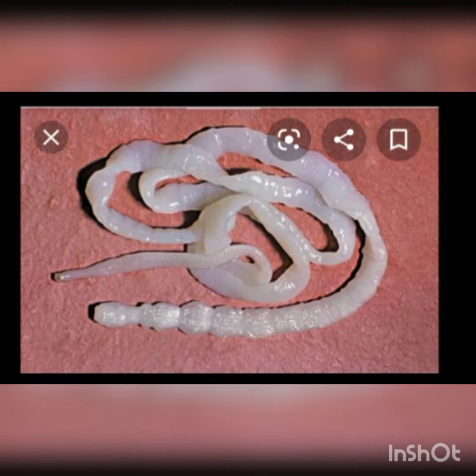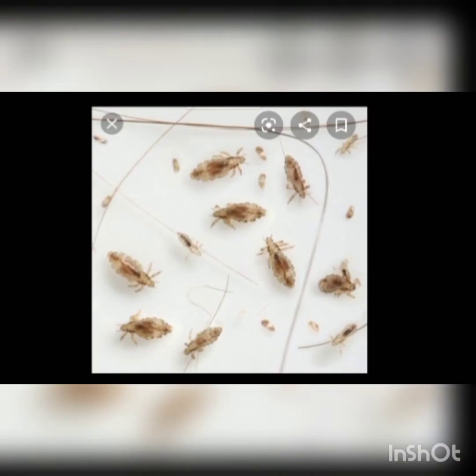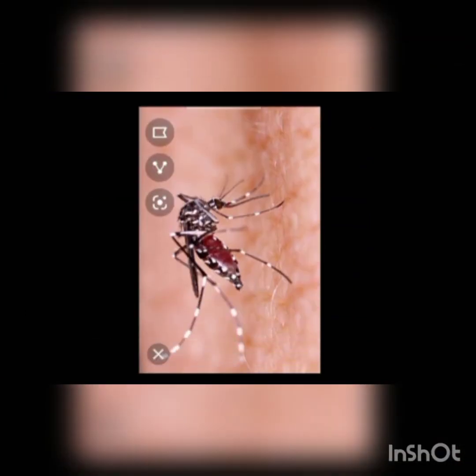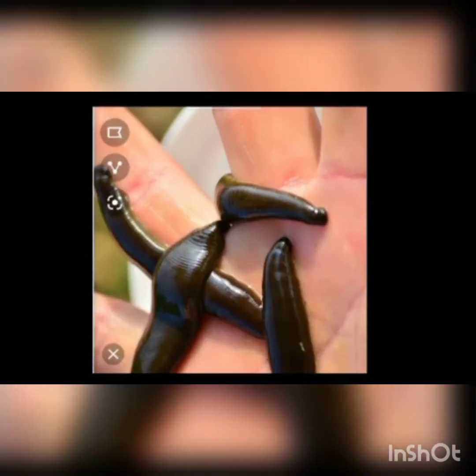It will attach itself to the wall of the small intestine and absorb nutrients from the blood. It will suck the blood from our intestines. Now this is an internal parasite. Head lice, mosquitoes and leeches are all external parasites. They are found outside our body.